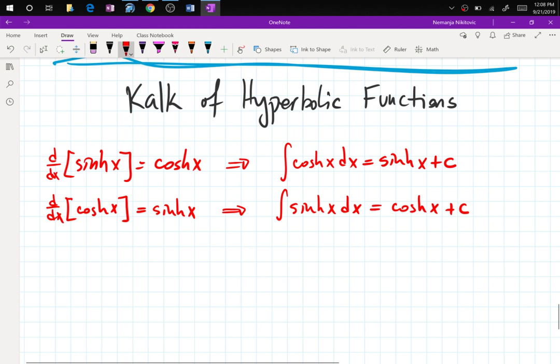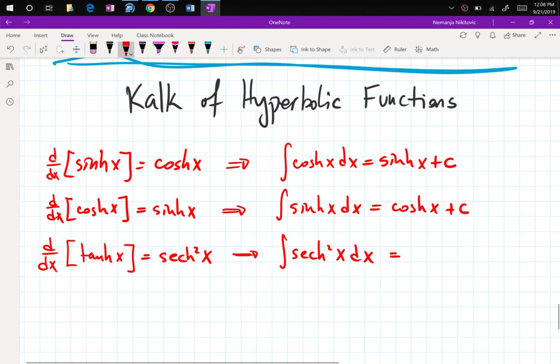Okay, so the next one is the derivative of tangent hyperbolic x, which is secant hyperbolic squared x, and the integral of secant hyperbolic squared x dx gives you tangent hyperbolic x plus c.